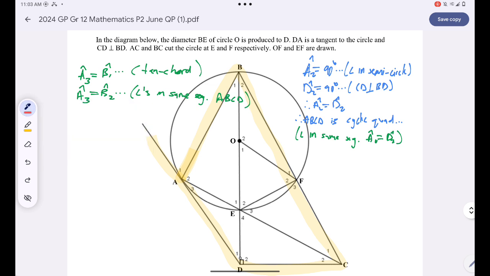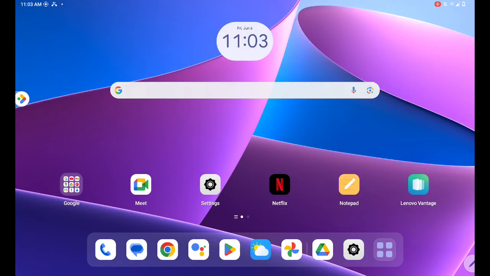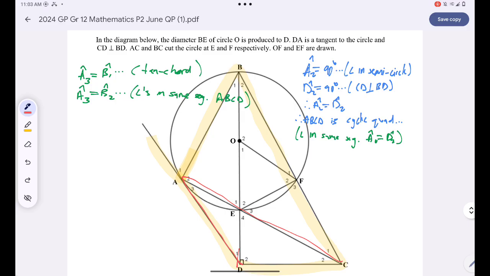So that simply means this angle will be equal to that angle. Excuse me about that, guys. These two angles will be equal because they are subtended by the same chord. So angle A3 is also equal to angle B2, right? So I can therefore conclude that angle B1 is equal to angle B2.